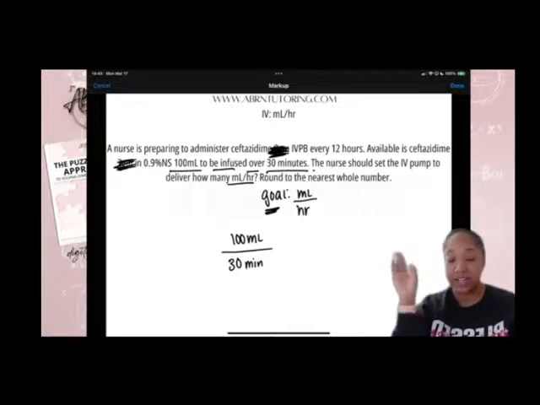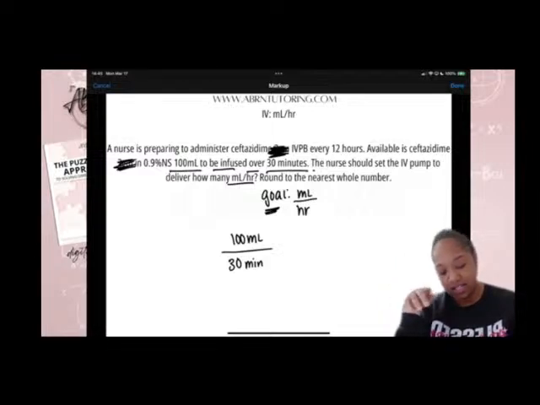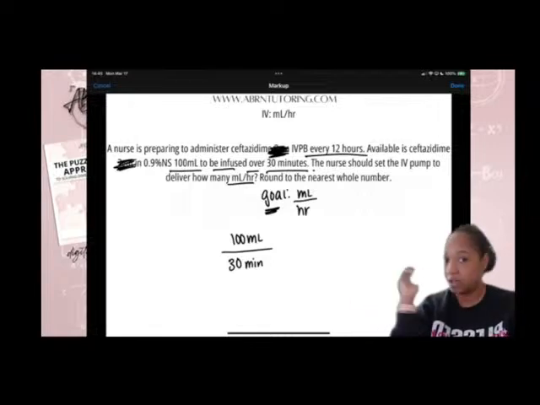Those grams are in that 100 milliliters of normal saline just swimming around. So when the normal saline goes in, guess what else goes in? The medicine. All right? And then this every 12 hours. Every indicates a frequency. That's how often you give a dose. Is this asking me how many times per day I'm gonna give ceftazidime? No. I need to know how fast it's going into the patient's vein.